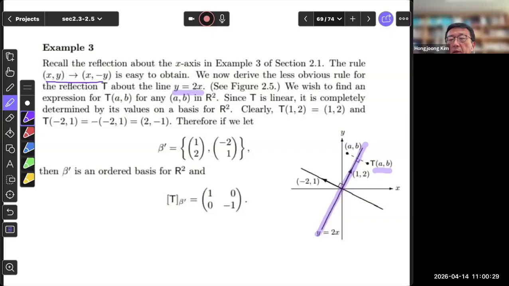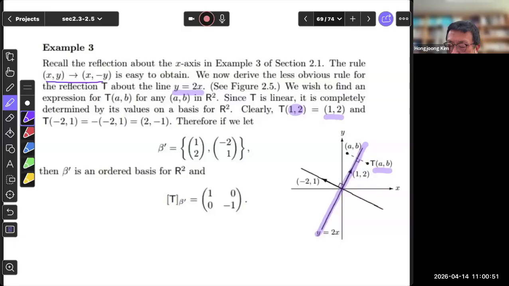But if I choose one vector on that specific line, like the vector (1, 2), since the vector is on that line, the reflection of that vector will be itself.